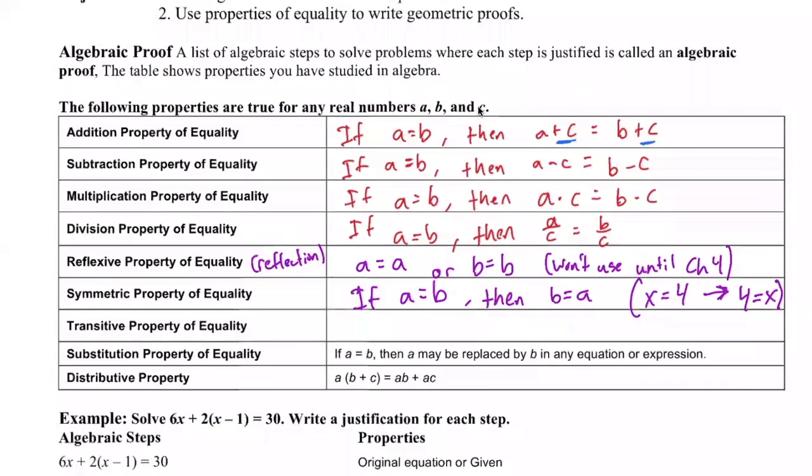Transitive property is basically double substitution. Make a note of that. Double substitution.